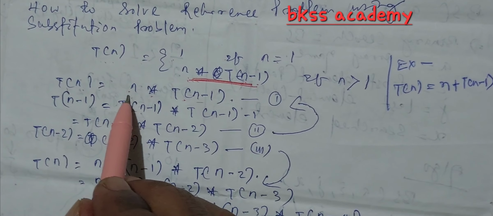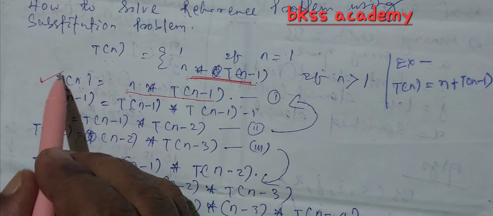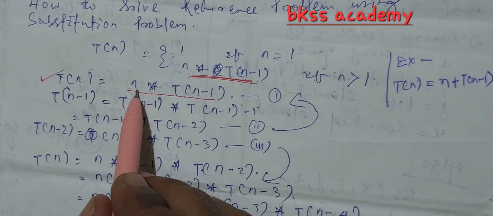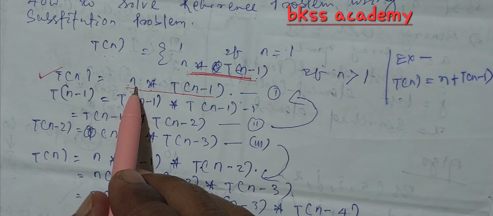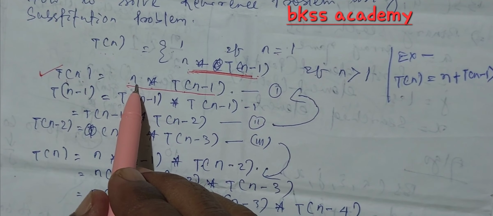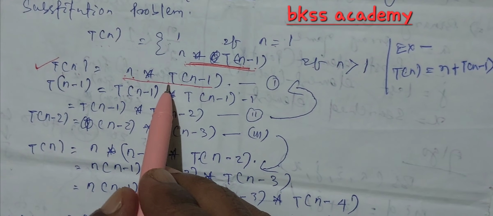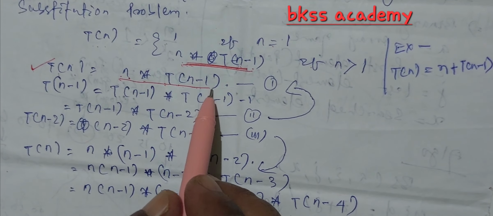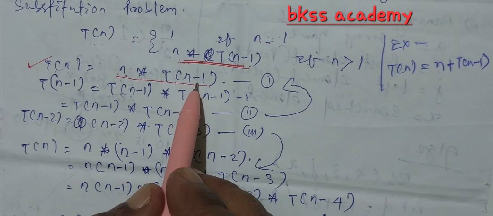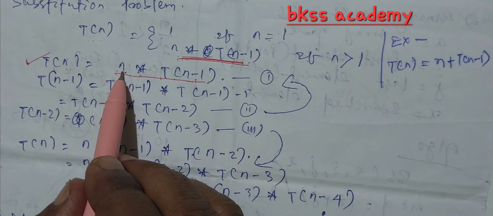For getting the result of T(n), we need T(n-1), whose result will be multiplied by n.